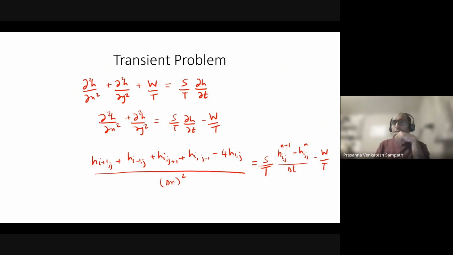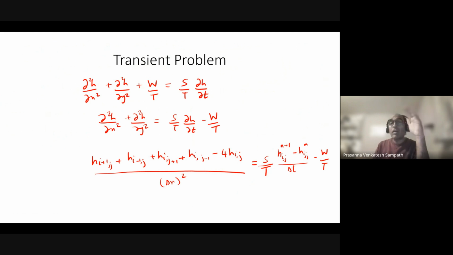Now when you look at this term on the right hand side, I have the time derivative of head. So I have h i j at n plus 1, which means the n plus 1th time step. Remember, when we solved the iterative problem, we used m to refer to iteration number.